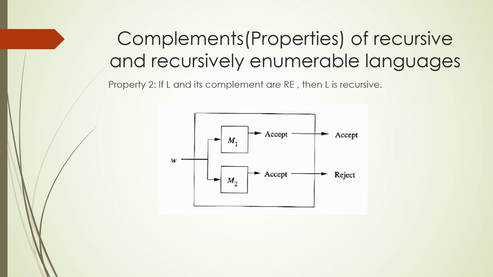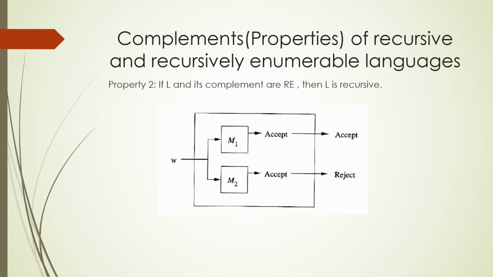Anyhow, when I pass a string to both of these Turing machines, if the string is accepted by M1, it says accept, while the other one will not be saying anything. If M1 says accept, then M2 will not be accepting it, so I can conclude that it is rejected by M2.